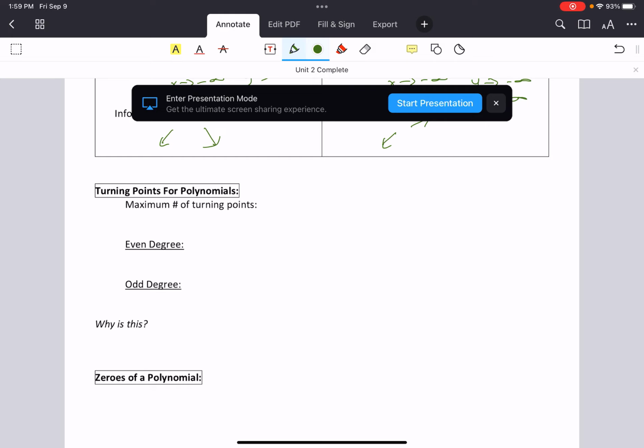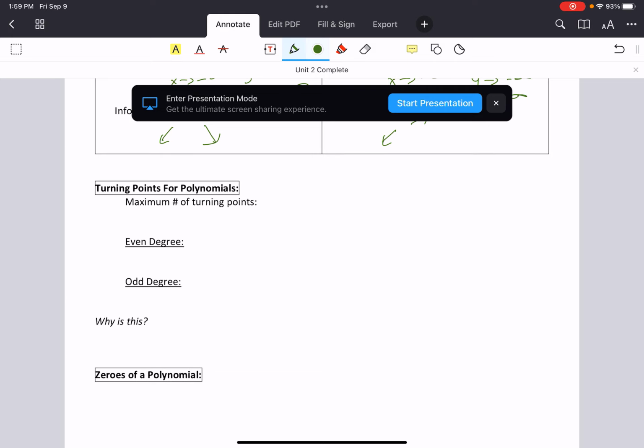If something is an x to the 4th, then it has to have something where the two ends either both go up or both go down, right? Okay, what's the most number of x-intercepts an x to the 4th power could have? 4. Because what if I have 4 factors, right?